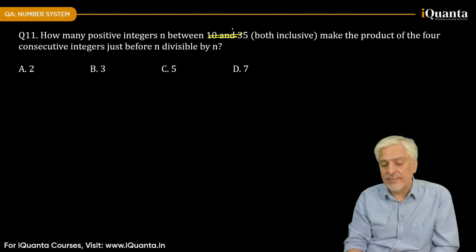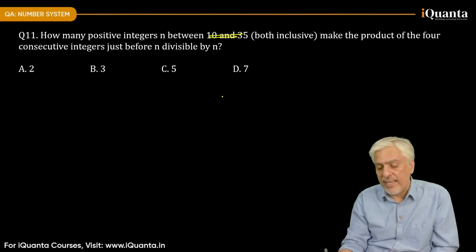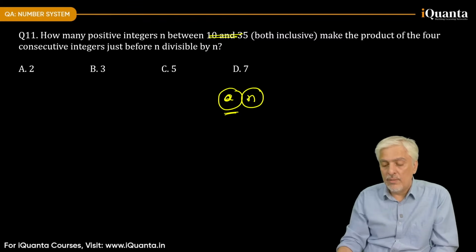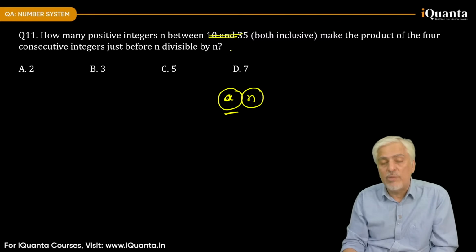What they are saying is, if I have a number, say A, how many positive integers n? Suppose this number is n. Make the product of the four consecutive integers just before n divisible by n.